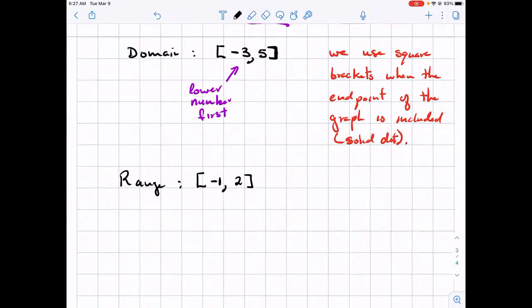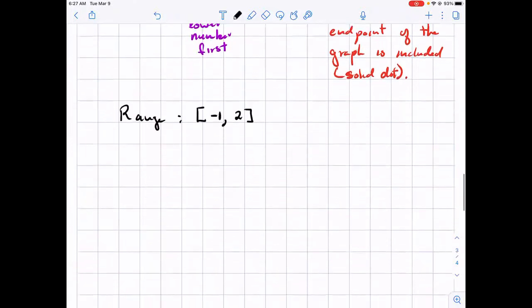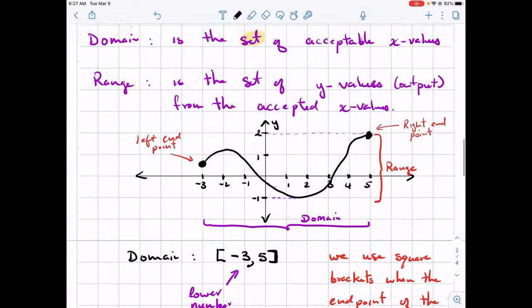Now, if we look at another example of this, we can have many examples here from the graph. Let's look at another example. Okay.